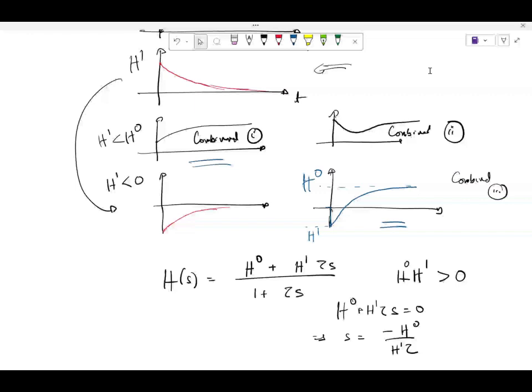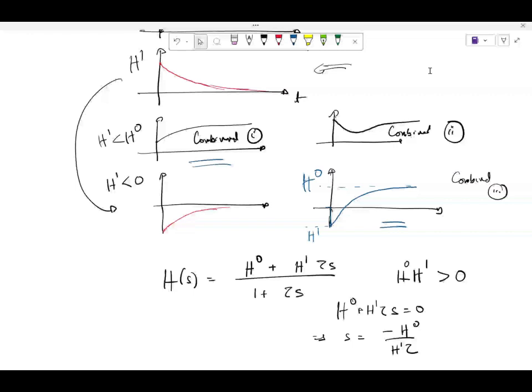Now when you are designing networks, sometimes we do not look at the phase plot of the zeros. If you only look at the magnitude plot, you are only going to get the values of mod of H1 and mod of H0. You are not going to get the sign of it.